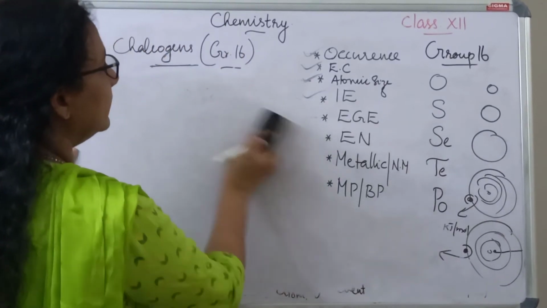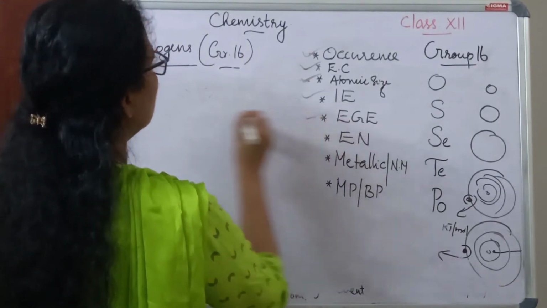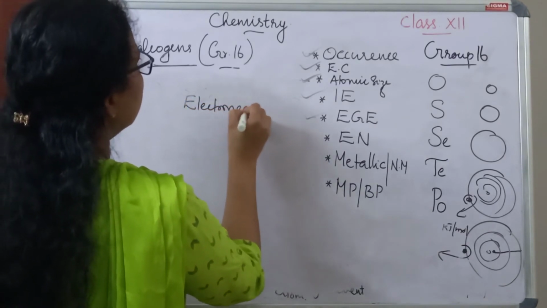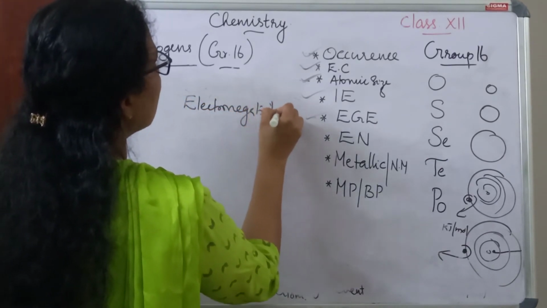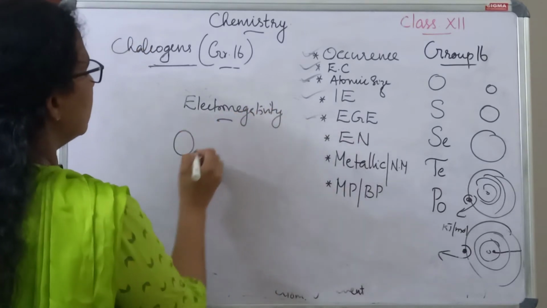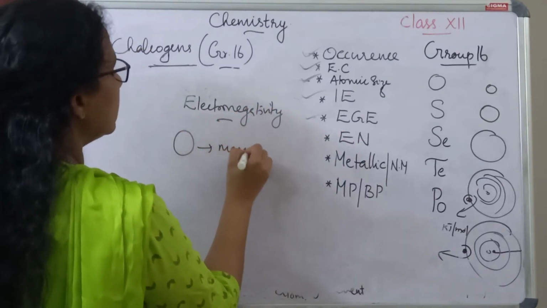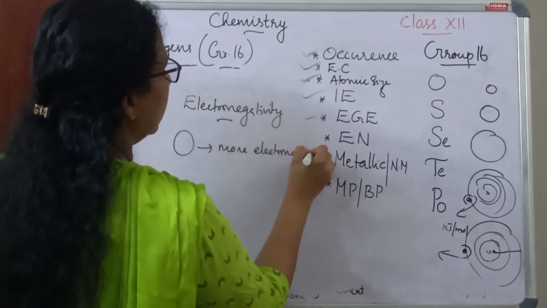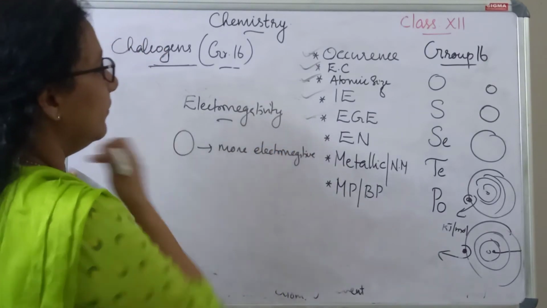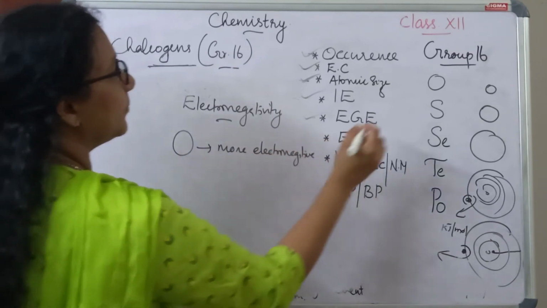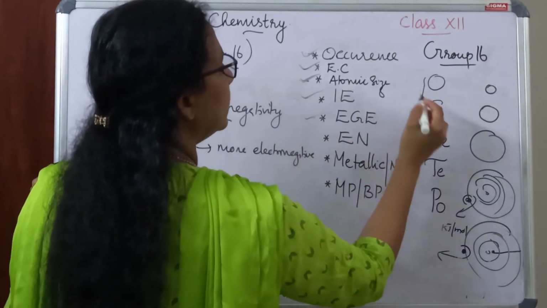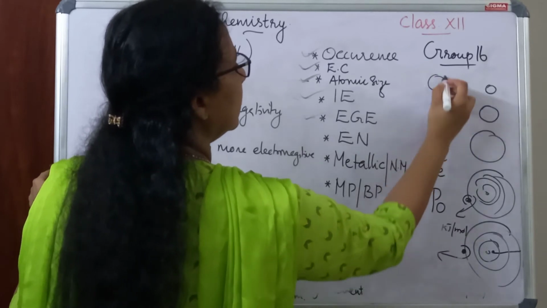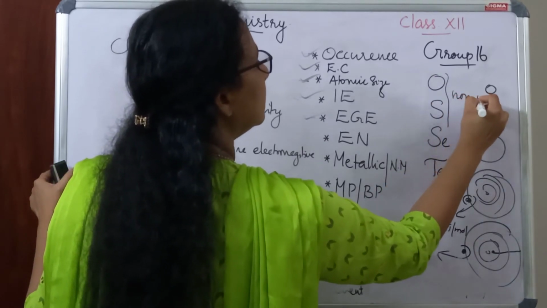Now let us see another point, that is electronegativity. We know that the oxygen atom is more electronegative in this group. Then we know that oxygen and sulfur are actually non-metals.